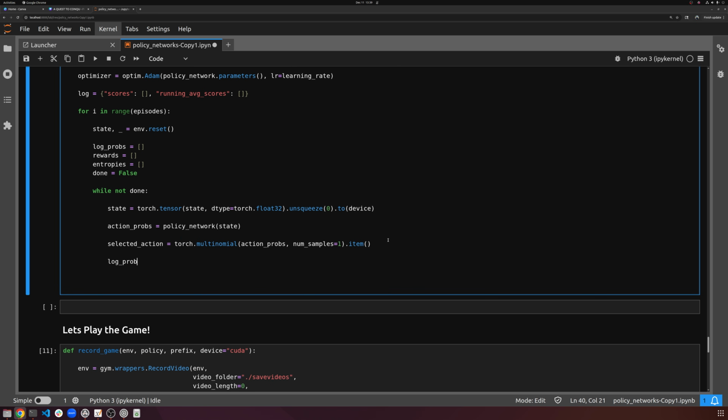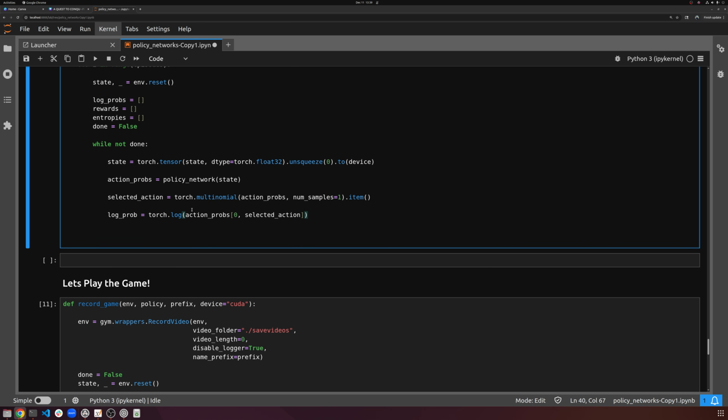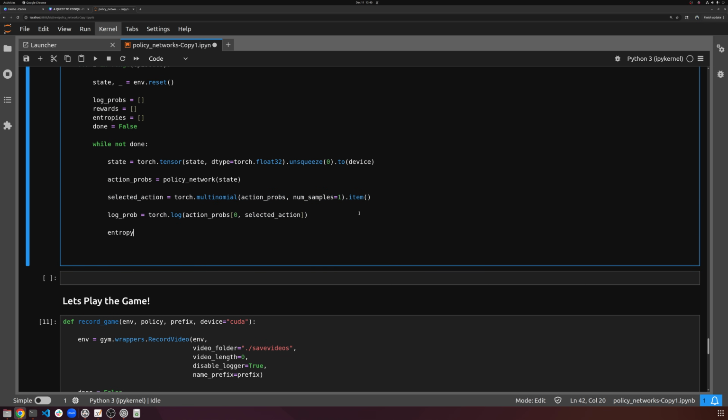And our log prob is going to be torch.log of the action probs. There's only one sample, so its index is 0, because it's 1 by 4 in the output. And then selected action. We're essentially just indexing out the probability of the action that I randomly selected here, and then I take the log of it. So I have the log probability. That's all. And of course, we have our little entropy term.